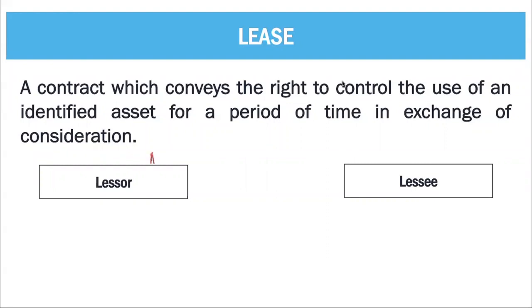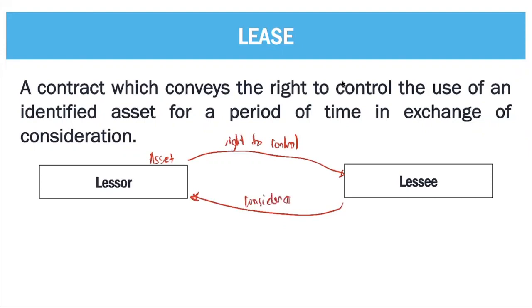Generally, the lessor has the asset. The lessor and the lessee will enter into a contract. The lessor gives the right to control the use of the asset to the lessee, and the lessee will provide a consideration to the lessor. So that's how your lease works.